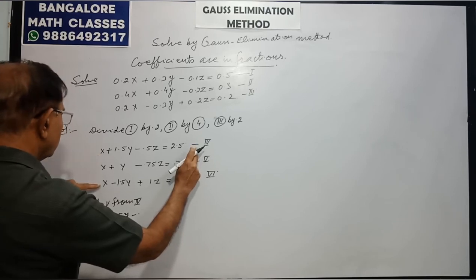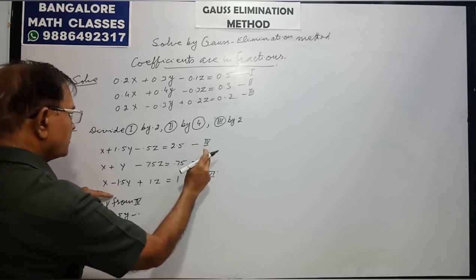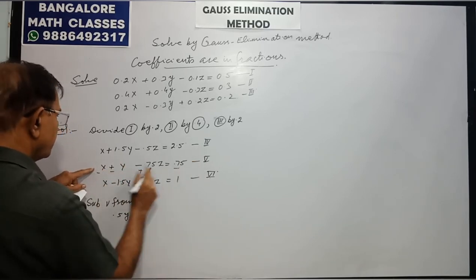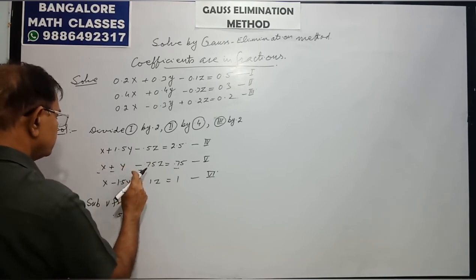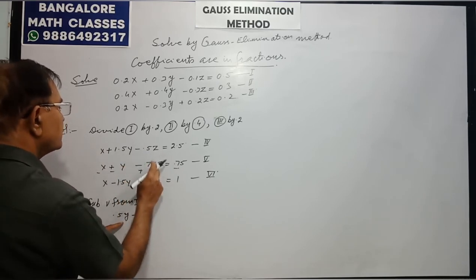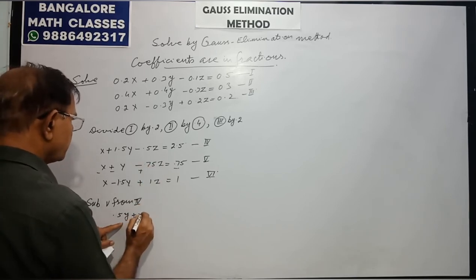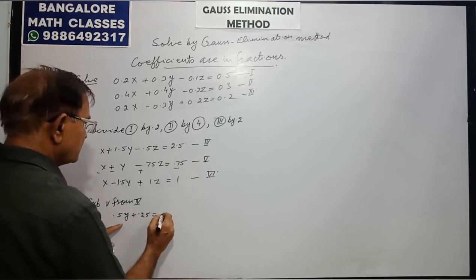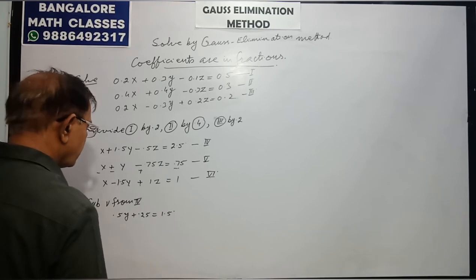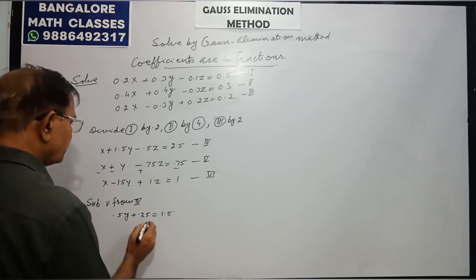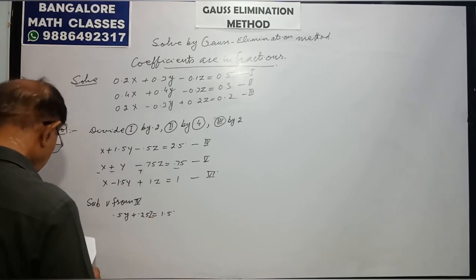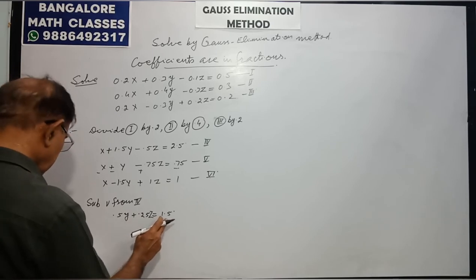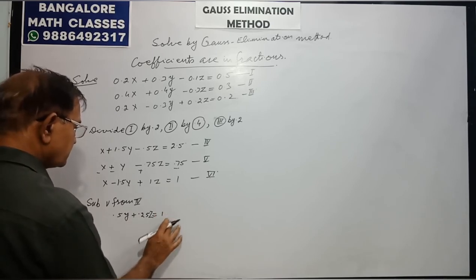Here we will get 0.5, then here 0.25 with positive sign. 2.5 minus this 1.5. So overall by subtracting we will get 0.5y plus 0.25z equals 1.75.